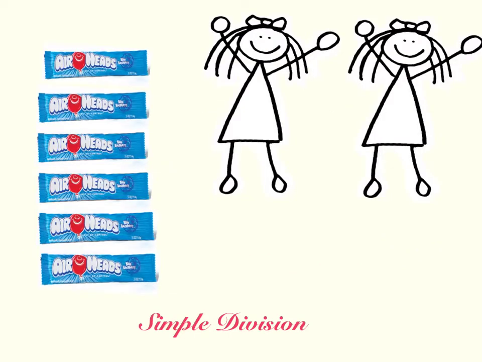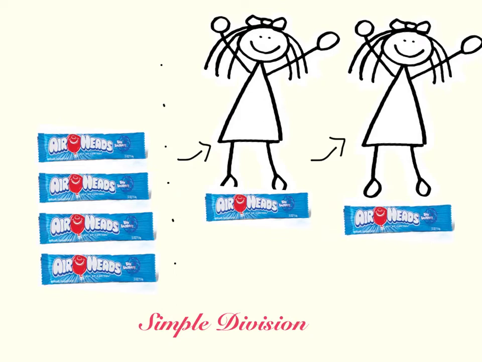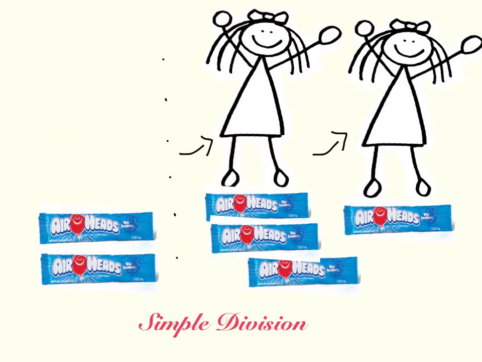Okay, so when we were in first, second, third, fourth grade, we learned all about simple division. That's when you have, like, 6 candy bars, and you want to divide those 6 candy bars between you and your best bud. So you take those candy bars and you give one to each person until everyone has enough and you run out of candy bars.